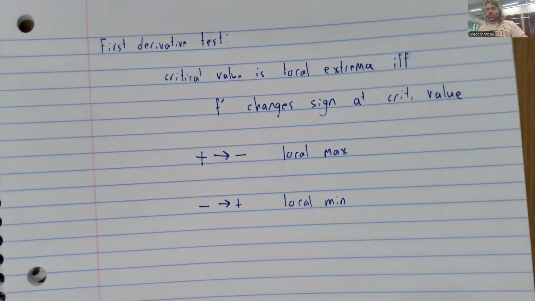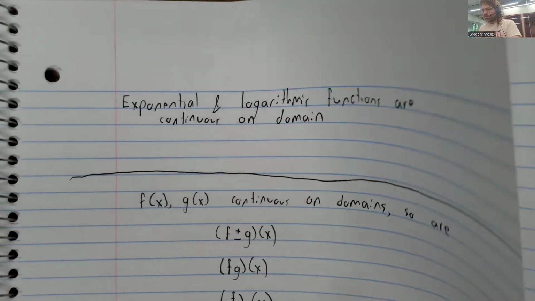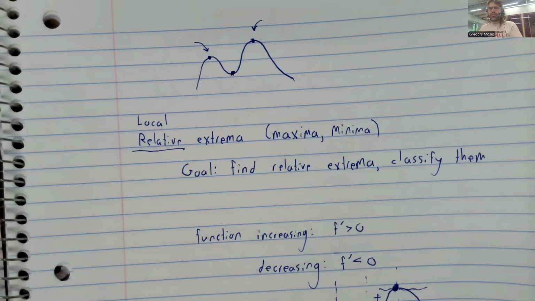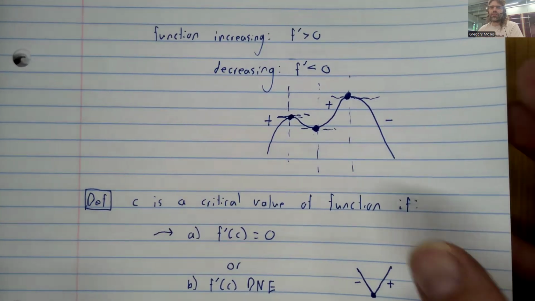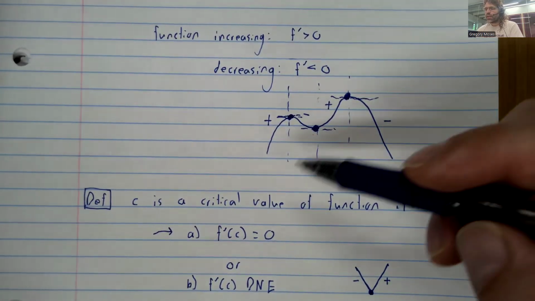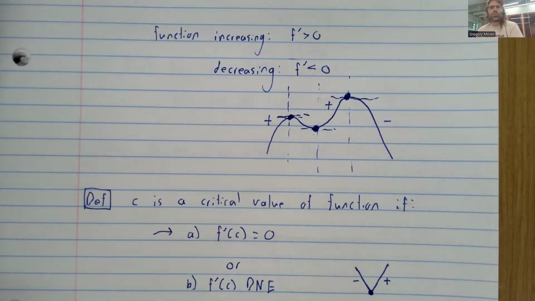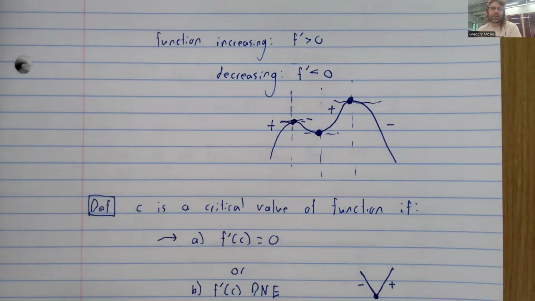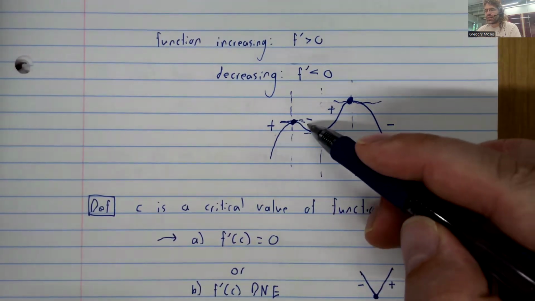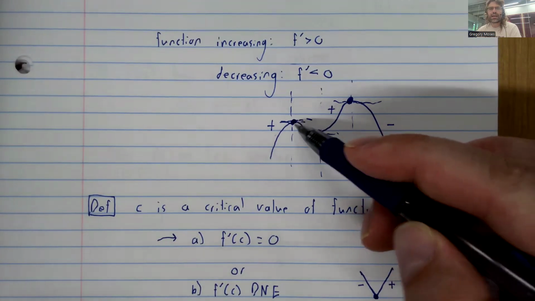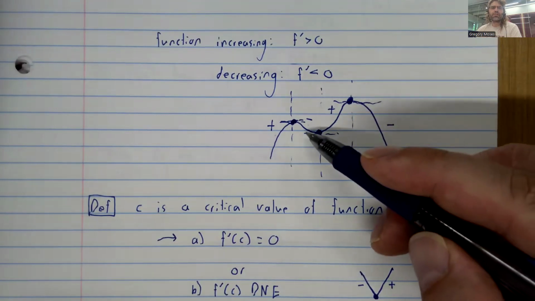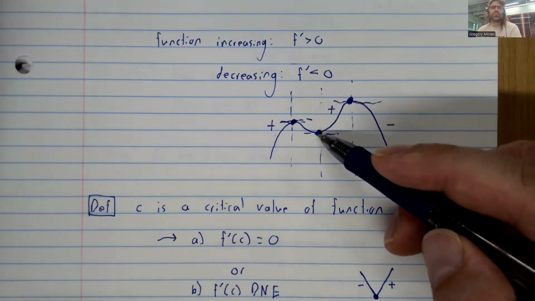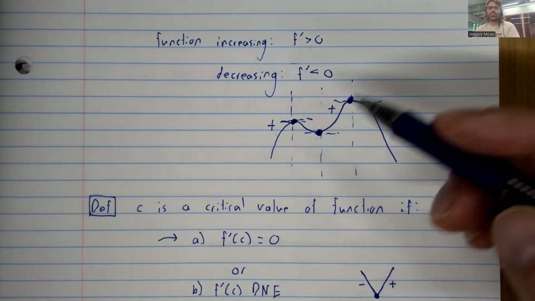And if I search back through my notes and find the graph we started with of the fourth degree polynomial that goes up, down, and has three relative extrema, we can see that. From positive to negative, this is a local max. From positive to negative, this is a local max. From negative to positive, this is a local min.